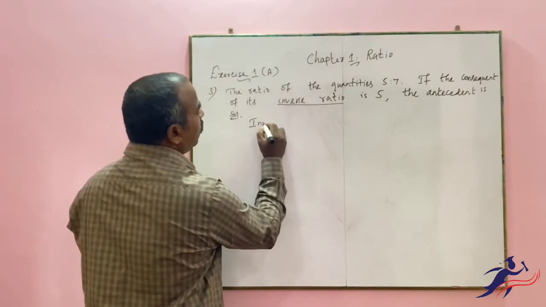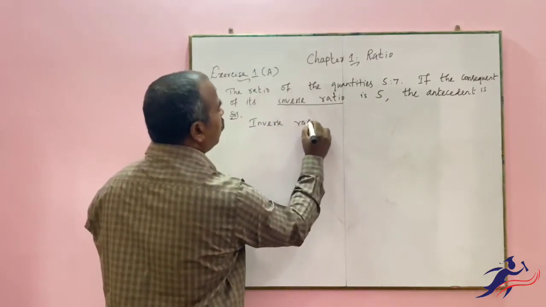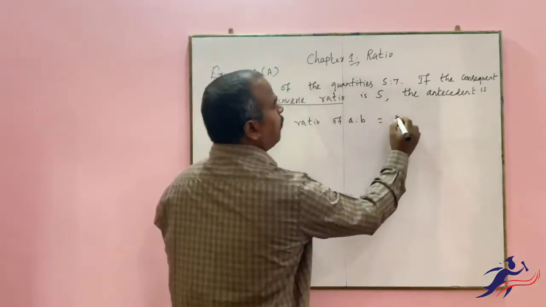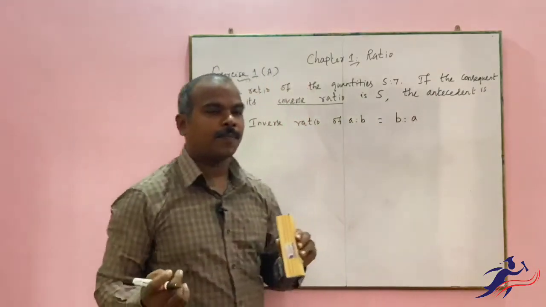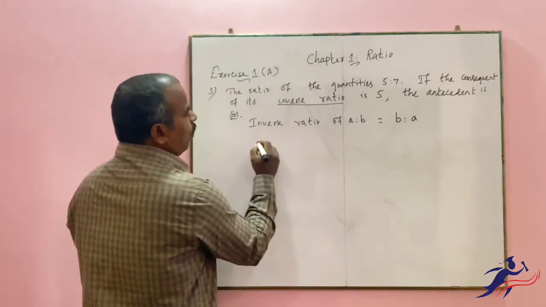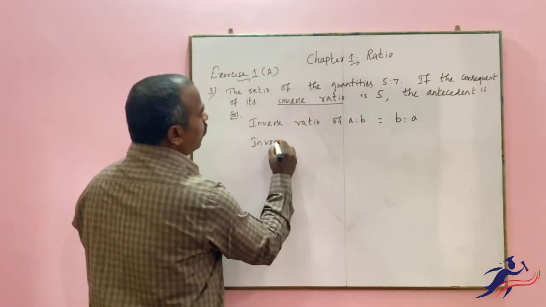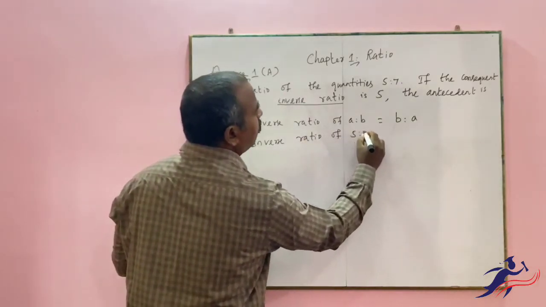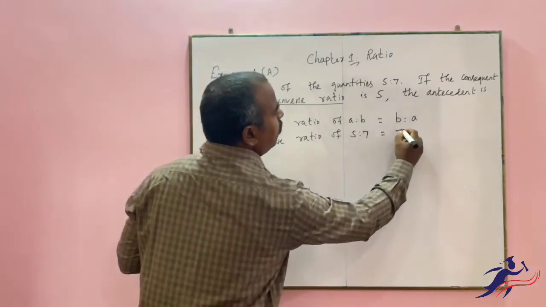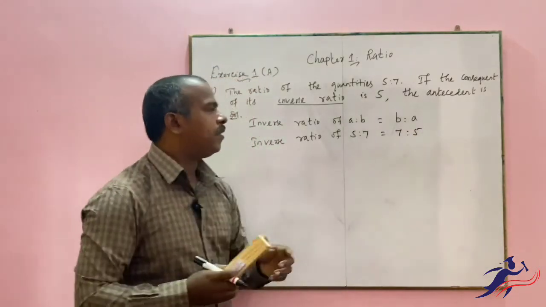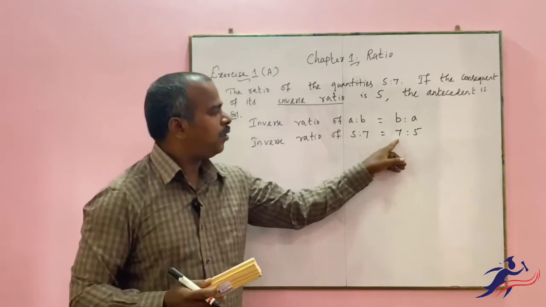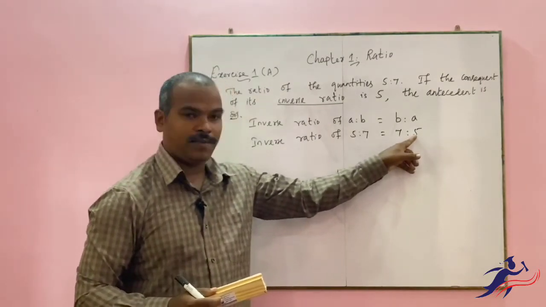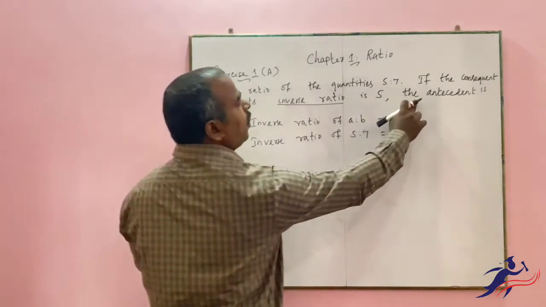We know inverse ratio of A is to B is B is to A. Therefore, inverse ratio of 5 is to 7 is 7 is to 5. Now we check, in this ratio, the antecedent is 7, the consequent is 5. So we are asked to find out the antecedent.